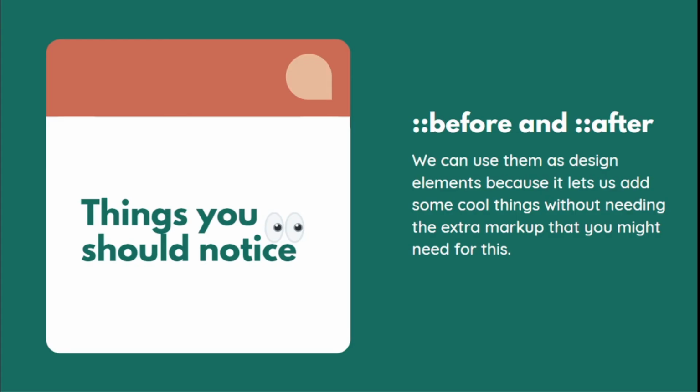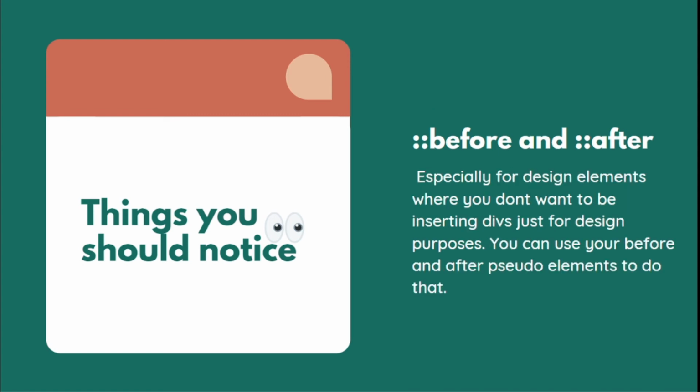Another thing you should notice is that we can use them as design elements because it lets us add cool things without needing the extra markup that you might need for this. Especially for design elements, where you don't want to insert this just for design purposes, you might use your before and after pseudo elements to do that.